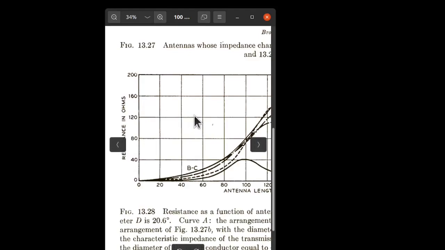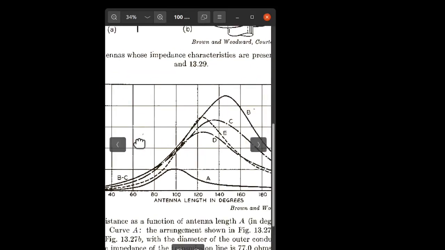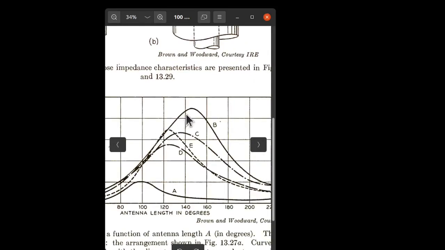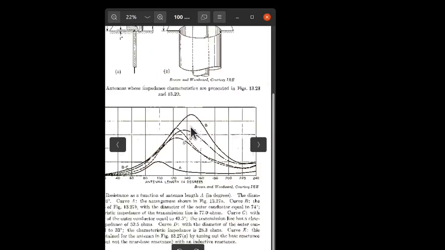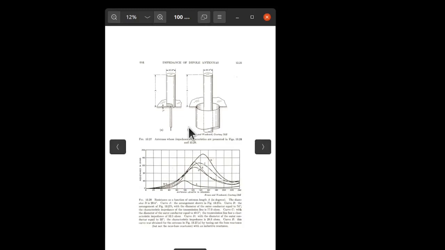And that can be a considerable advantage if you have a lossy ground system. So that's the first advantage of the monopole being thick. And now I'm going to probably skim through the rest of these pictures. This was just a short introduction to monopole thickness.